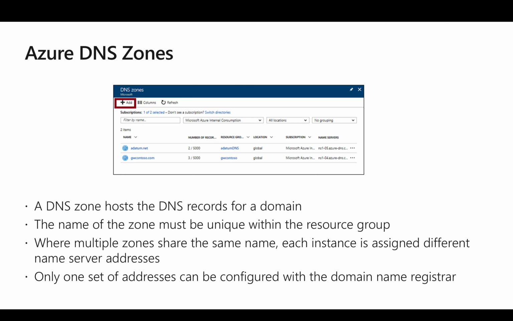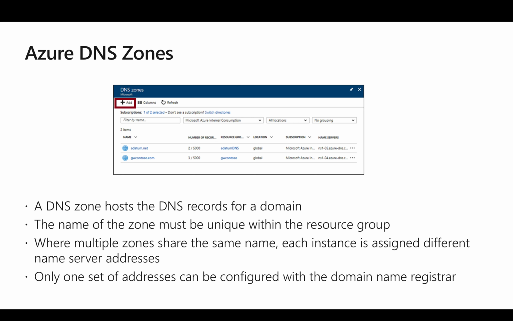But the constraint here is that we can't create the same DNS zones within the same resource group. So there might be only one adatum.net inside a resource group. Even if we create multiple adatum.net DNS zones, they might be assigned to different name servers.